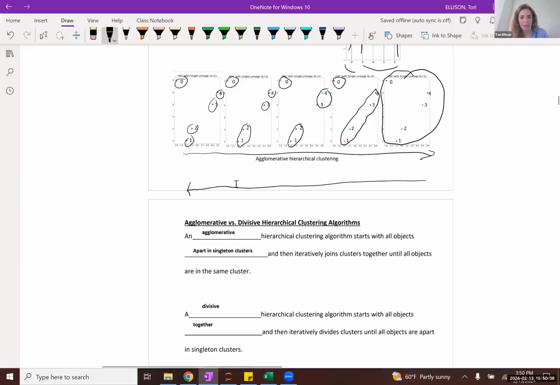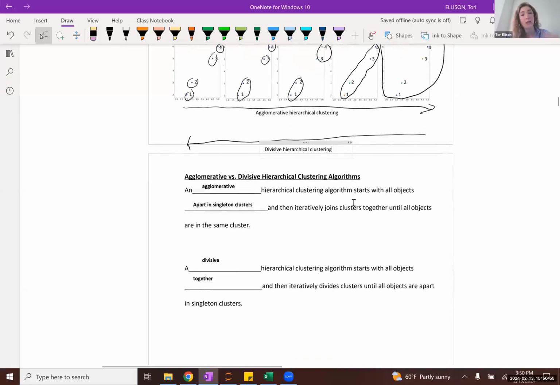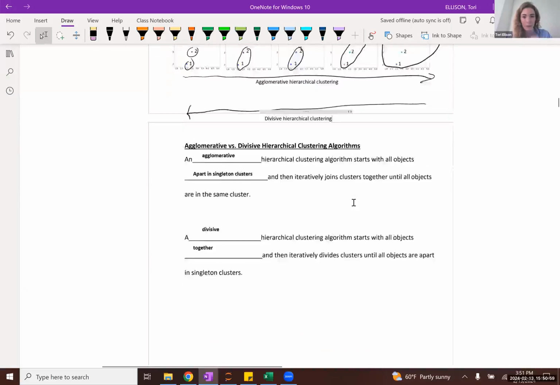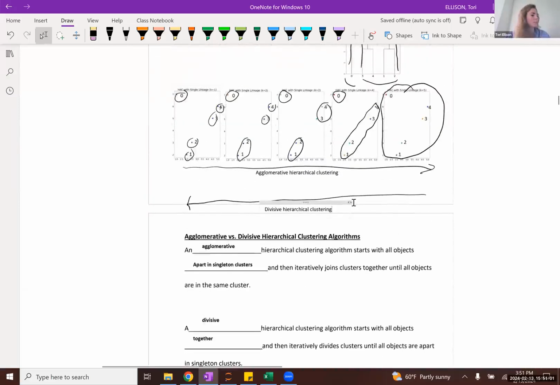So a divisive algorithm moves in the opposite direction. Today we're going to go through four of the most common types of agglomerative hierarchical clustering algorithms, and on Thursday, we'll go through one of the most common divisive hierarchical clustering algorithms. Any questions on that?